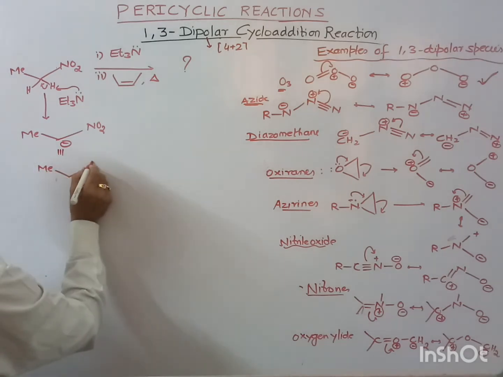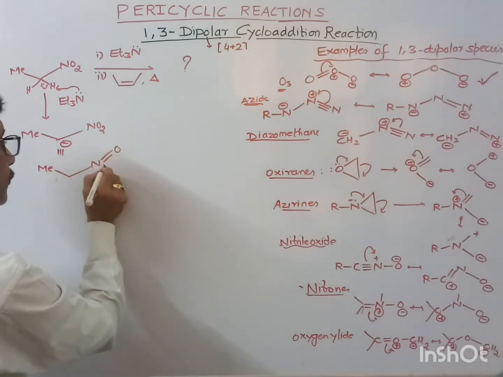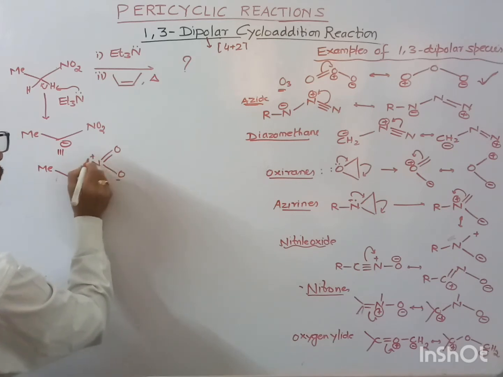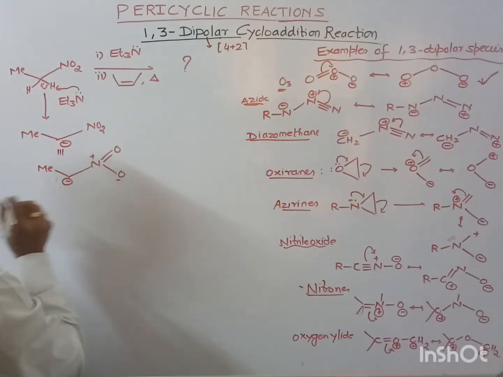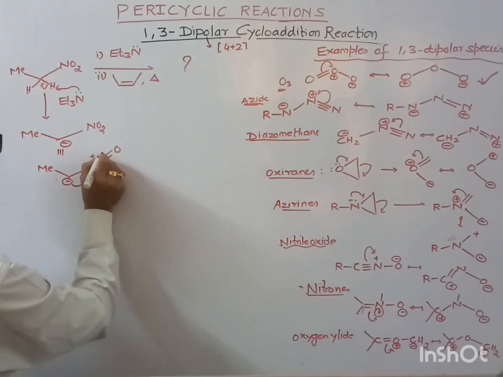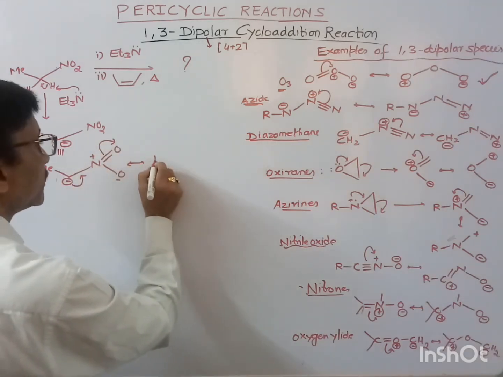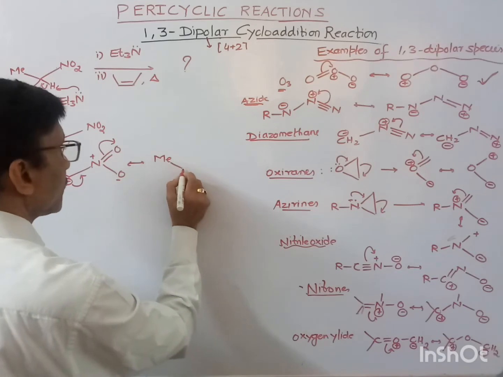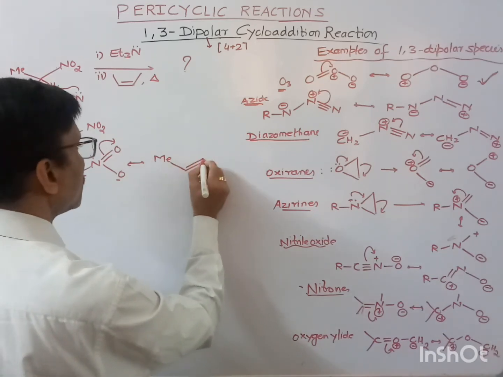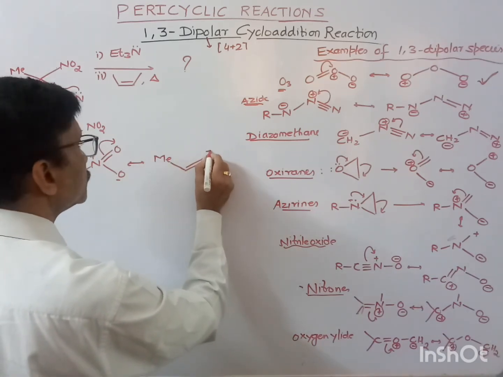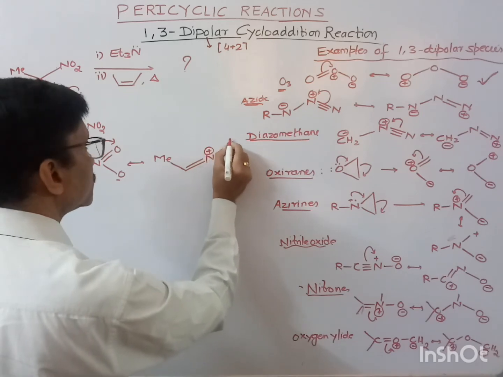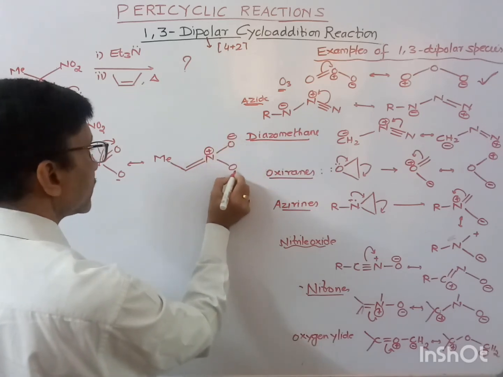So this is our nitro group, and a minus charge over here. In the next step, this will go over here. What you may write is a double bond and nitrogen with a positive charge, a negative one here, another negative one here.